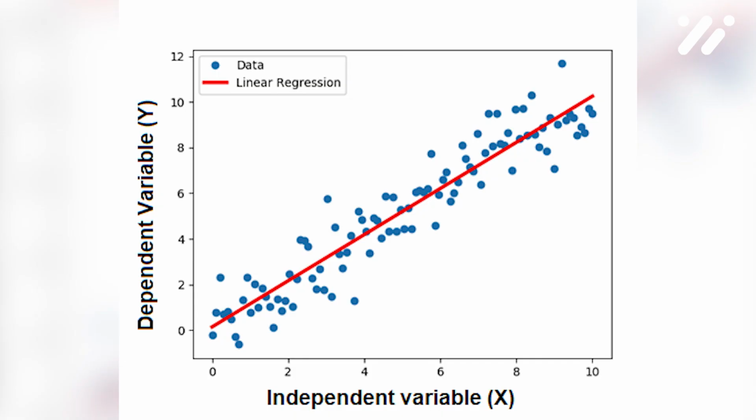Linear regression is a supervised learning algorithm used for regression task. It models the relationship between a dependent variable and one or more independent variables using a linear equation. Dependent variable, independent variable. Now, your dependent variable is the target variable, while the independent variables are the features.